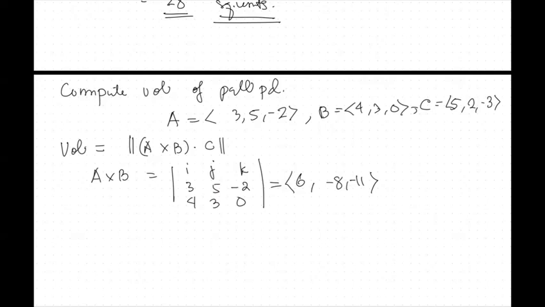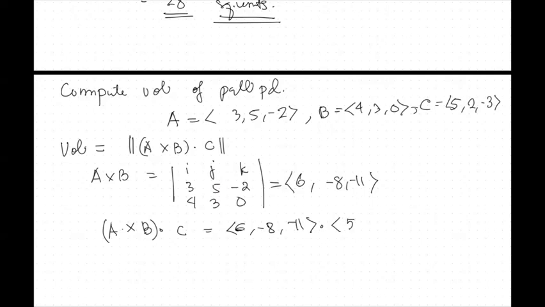And then you have to dot it with C. You get 6, negative 8, negative 11. Take that product with C. What's C?